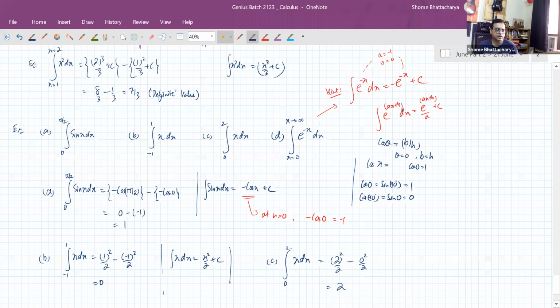It is e raised power a linear function, where the linear function is minus x. The coefficient of x is -1 and the constant term is 0. So it is no different to what we've discussed. For exponential of a linear term, you use this concept, but that linear term here is minus x. So it becomes minus of e raised power minus x plus c.